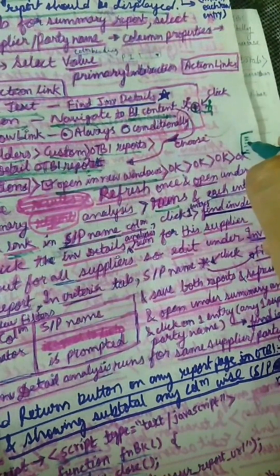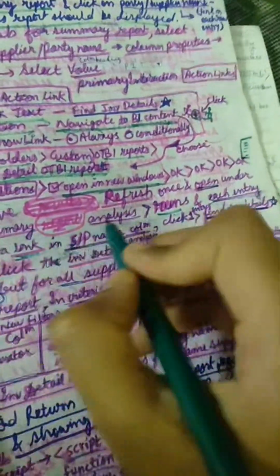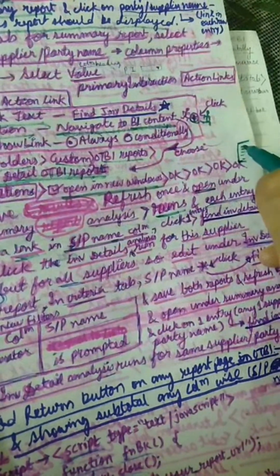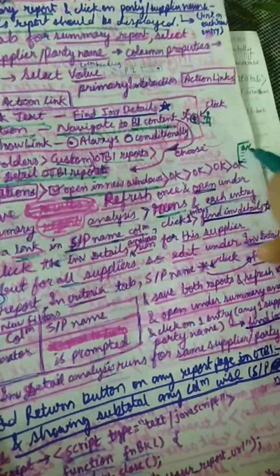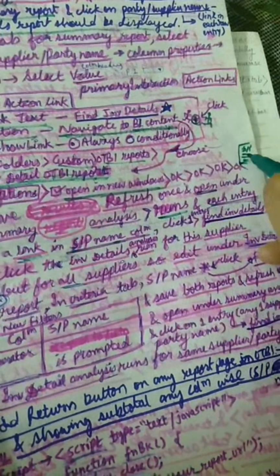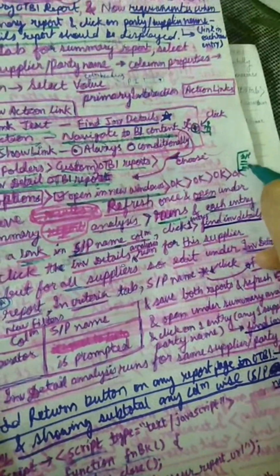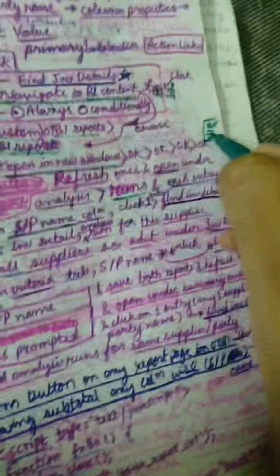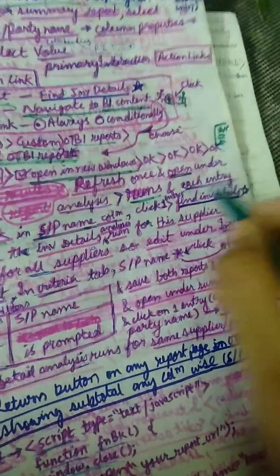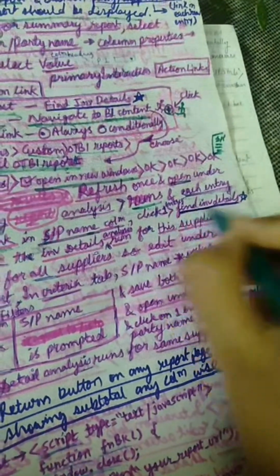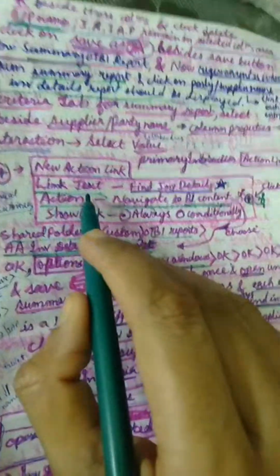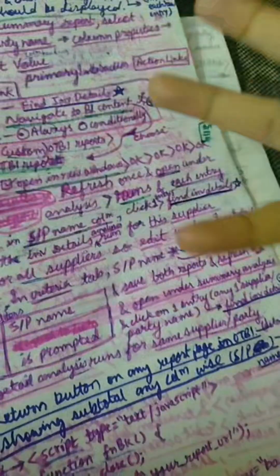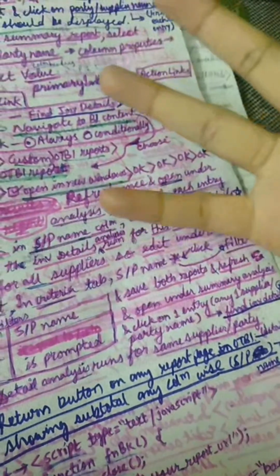As soon as you click on open, the analysis automatically runs and gives the output, and here you have the supplier or party name, and you have these values. Each entry acts as a link now. So first of all, when you put the cursor here, it should give me a pop-up text, find invoice details, which I have given here, to show the user what action needs to be taken.